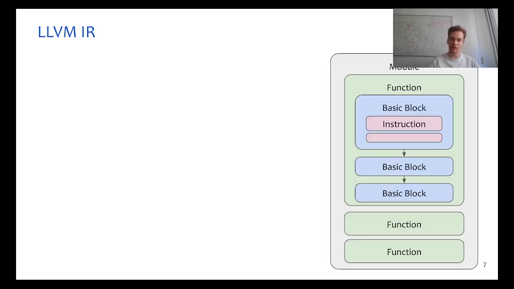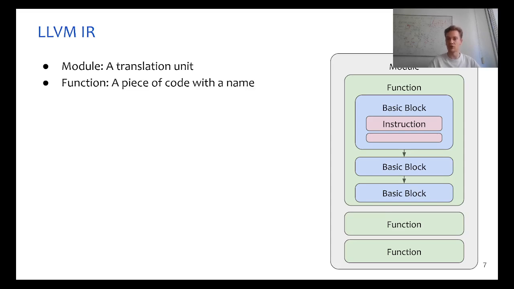LLVM IR is structured in a really nice way. On the outermost layer, you have a module, which is your entire translation unit, so basically one C file that you have in your code is one module. A module contains functions, which are just pieces of code that you give a name to, and you can also uniquely identify through that name.